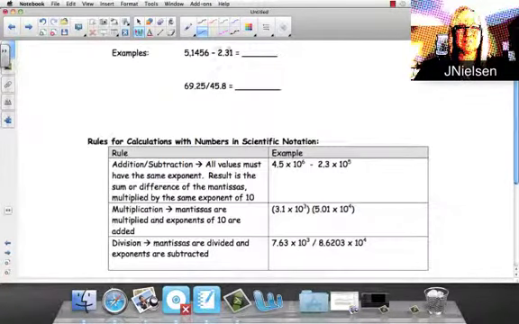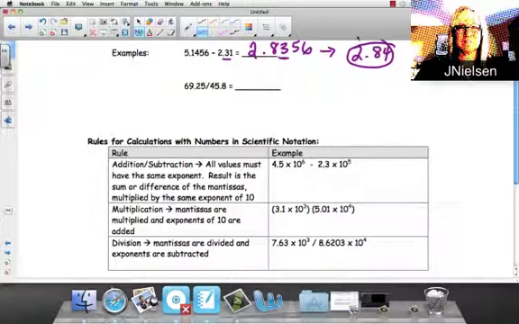So let's do 2 examples here. 5.14576 minus 2.31. I get 2.8356. However, it's subtraction. And this has got 4 decimal places, this has 2, so my answer can only be to the 100th place. I look to the right, this is a 5, so that means my final answer is going to be 2.84.